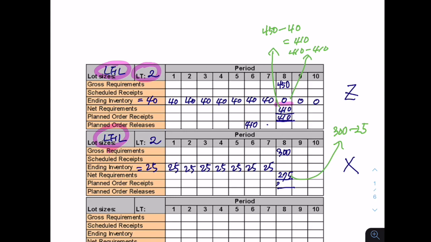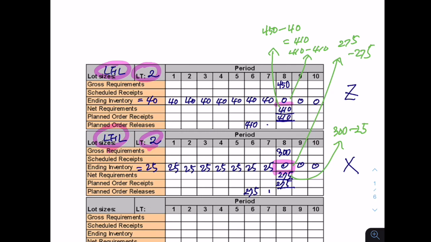So we are going to receive 275. But to receive this, we have to check lead time. We place an order 2 weeks before, so 1, 2 here, 275. Now, what is the ending inventory? You have to consider how many you have received. In this cell, 275 I received, I use 275 net requirements. Therefore, I have nothing left. So 0 and 0 and 0.